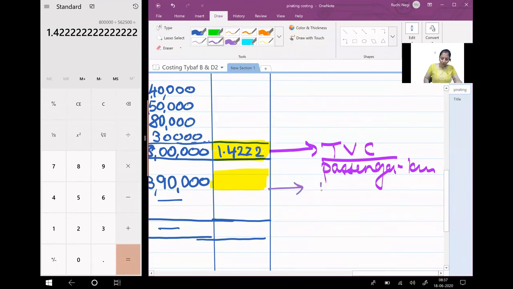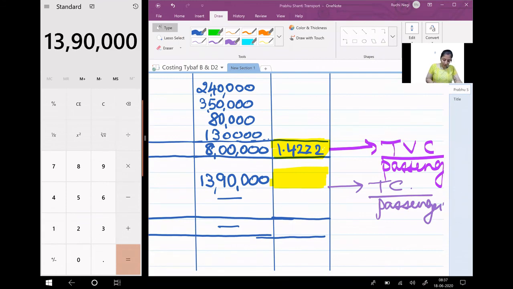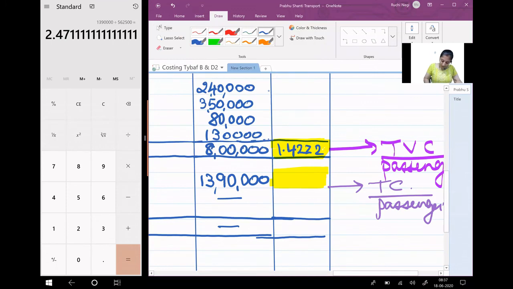Okay. Then again, next, come to this part. Again, what will its formula be? Total cost or total operating cost divided by passenger kilometer. Okay. So how will you calculate? 13,90,000 divided by the base 5,62,500. So my answer is 2.4711. Again, as I told you, I will go up to 4 decimals for accuracy.